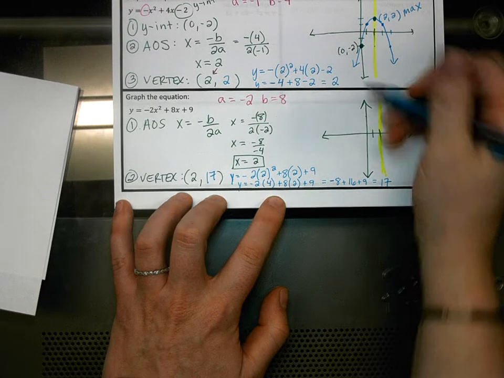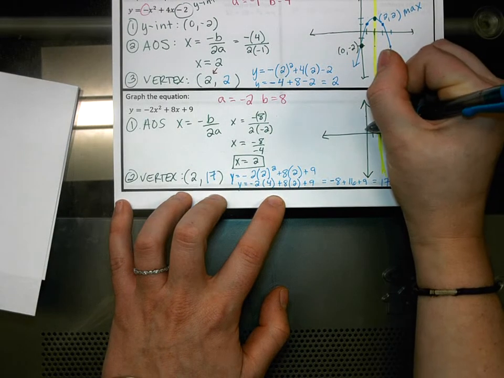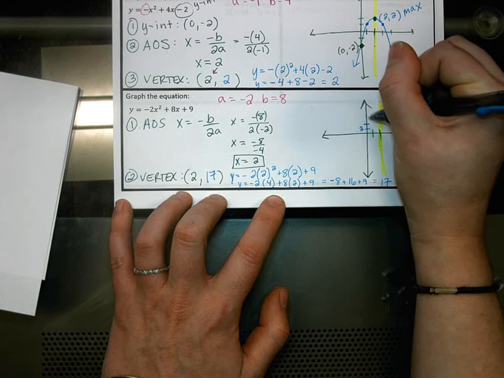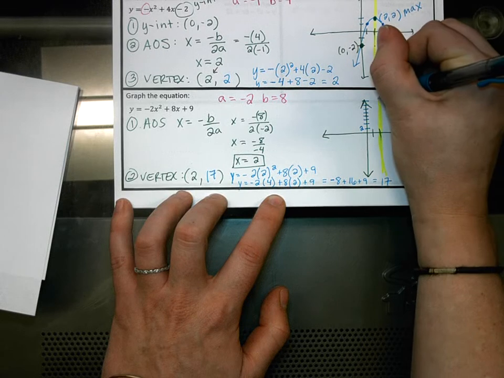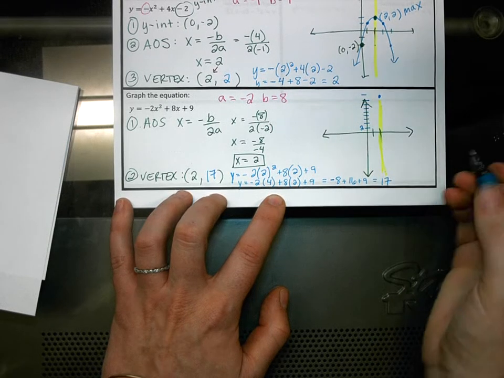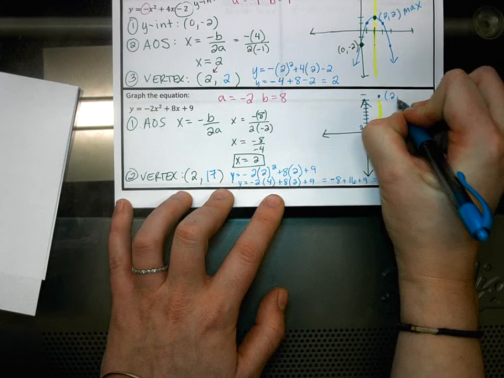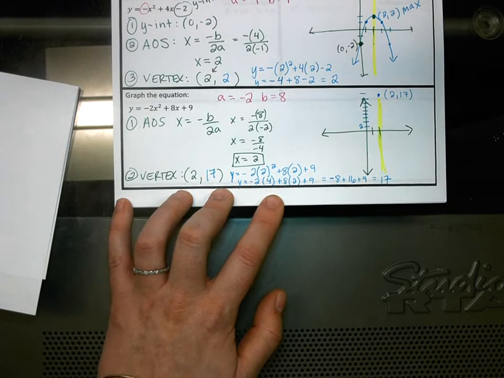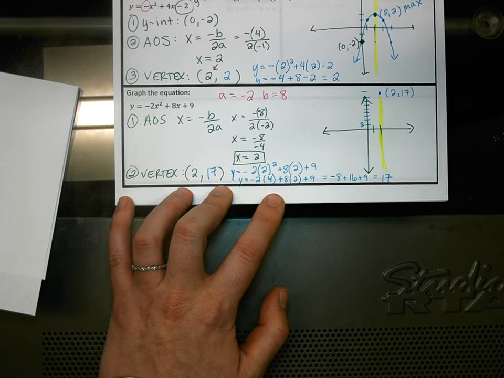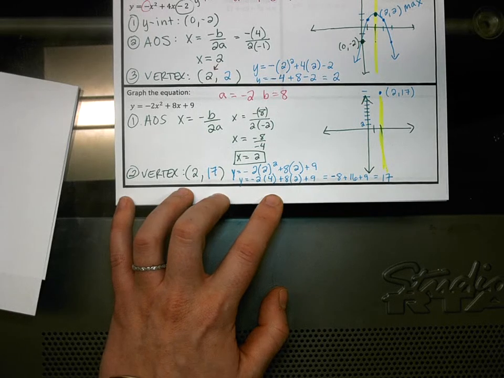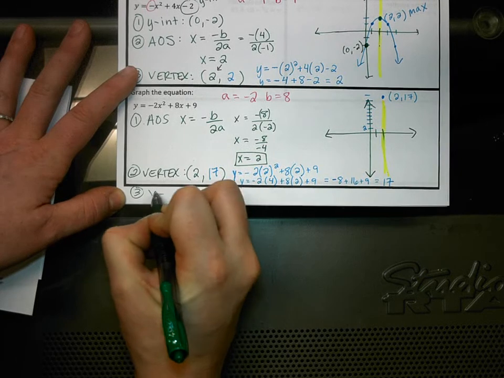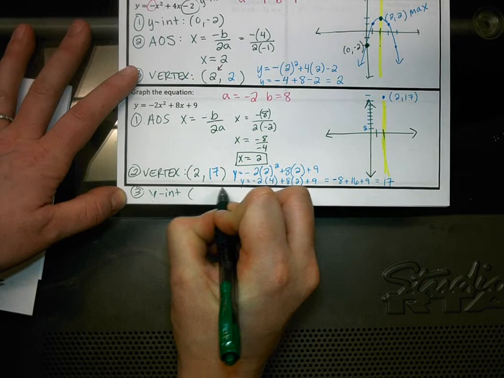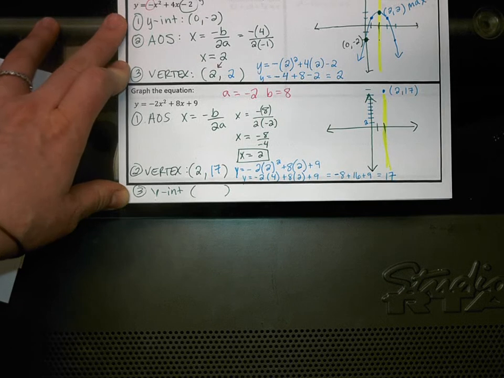So 2, 17, which means I'm counting by 2s this time. Make sure you mark it if you're counting by 2s. 2, 4, 6, 8, 10, 12, 14, 16. Right above that. Or you can just label your point. Okay, and then I also want to find my y-intercept. Lillian, what's my y-intercept here?